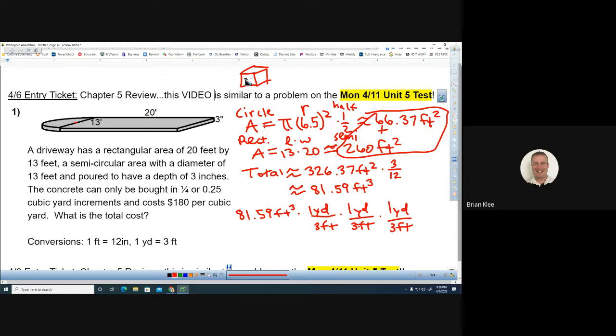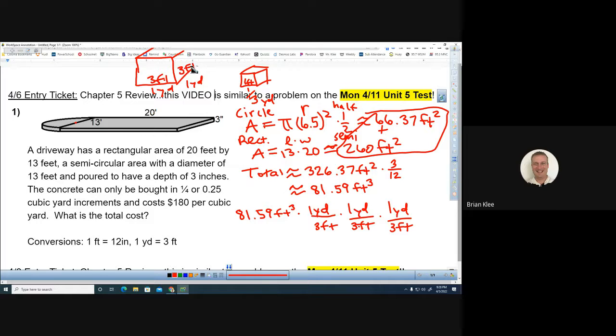Well, right here, this 1 foot corresponds to a third of a yard, which is ultimately the fraction that we're multiplying by. Or better yet, a cubic yard would be bigger, right? So that 1 yard right there corresponds to 3 feet. And then this yard of depth corresponds to 3 feet.